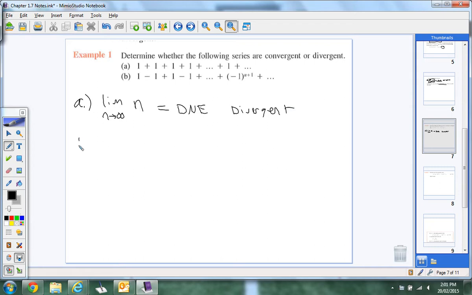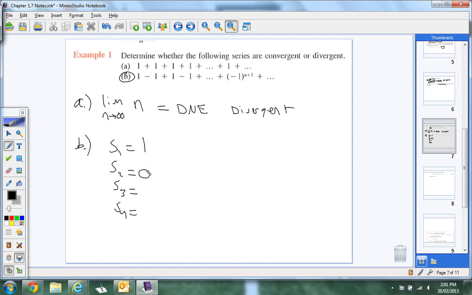Okay, B, what keeps happening with B? We've done one of these before. What are my sums going to look like? What's S of 1, S of 2, S of 3, S of 4 of B? What's S of 1? 1. What's S of 2? 0.